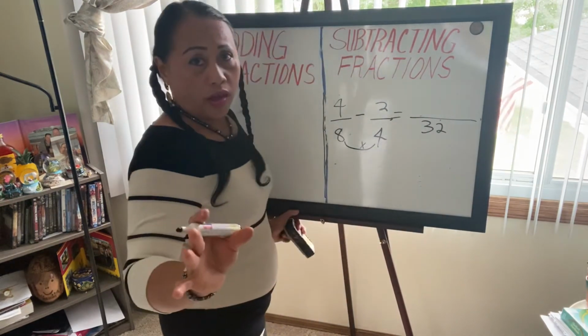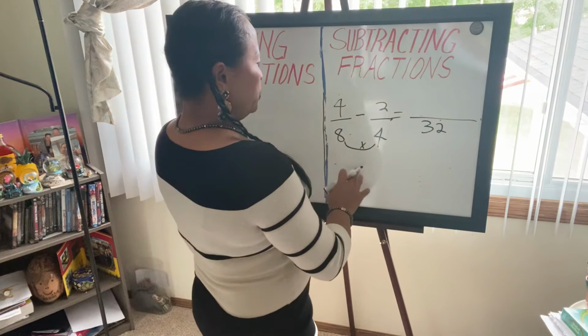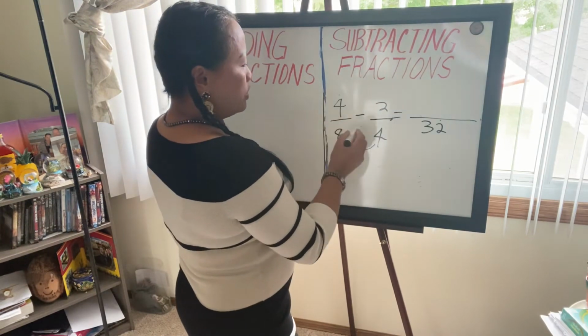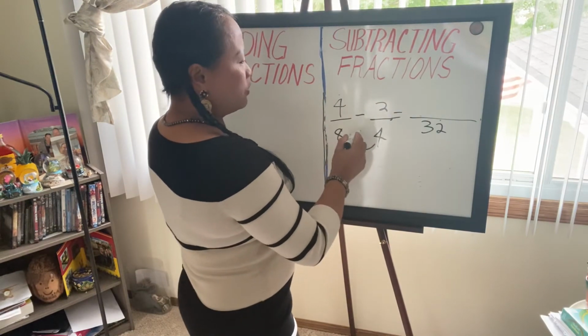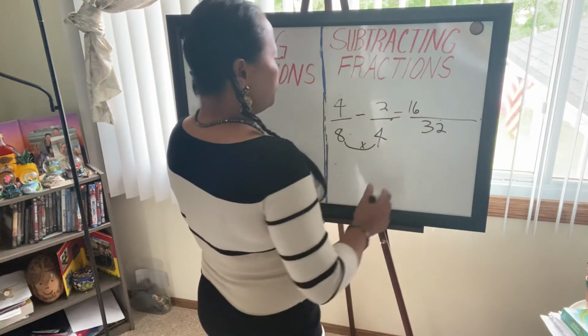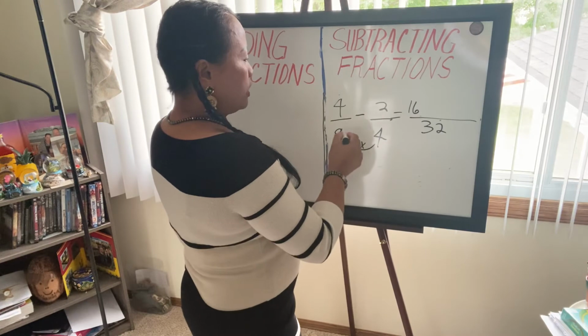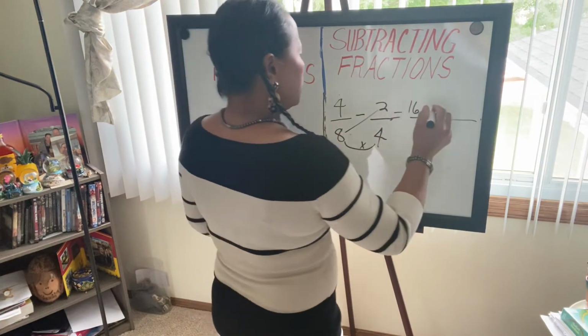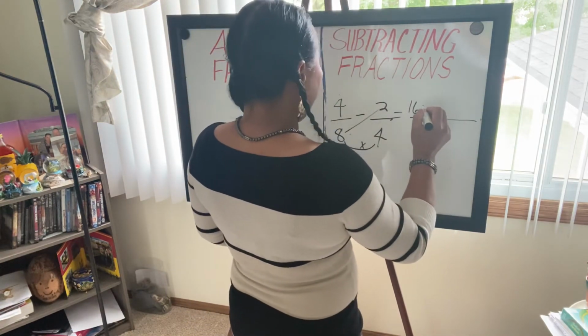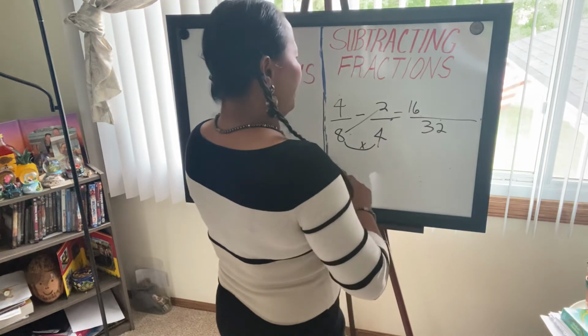That is the other way on how to solve. And then you will multiply diagonally, 4 times 4, 16. You can multiply here too, 8 times 2, 16. Wait, it's the same.